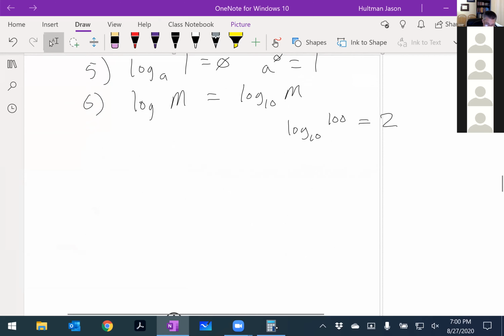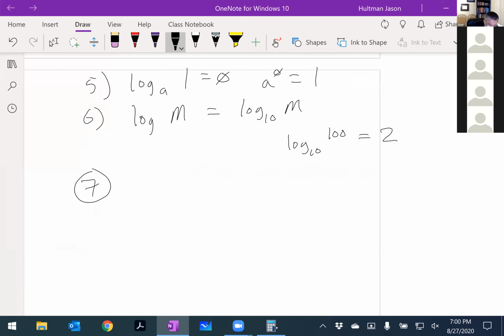Number 7 here is a nice formula to have. It's called the change of base formula.